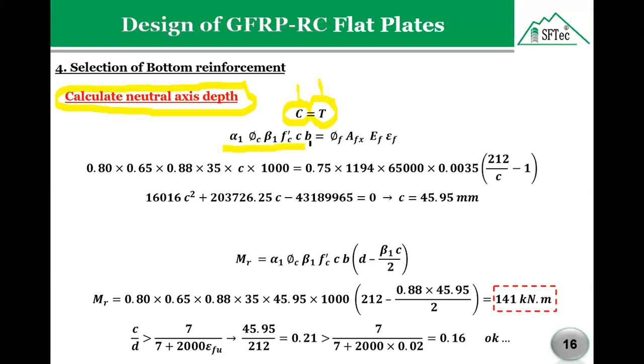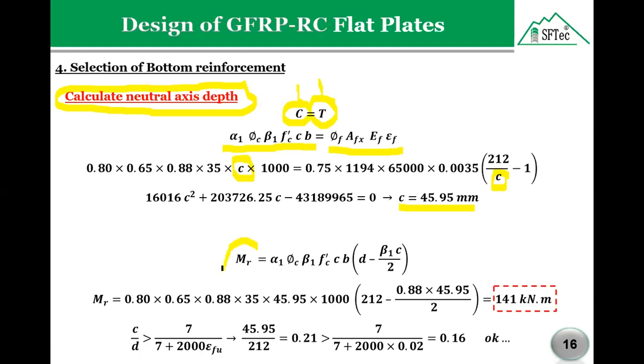Here, the compression force will be this term and the tension force will be this one. And we have here C, which is the neutral axis depth, and also we have C on the other side. So finally C equals 45.95 millimeters.